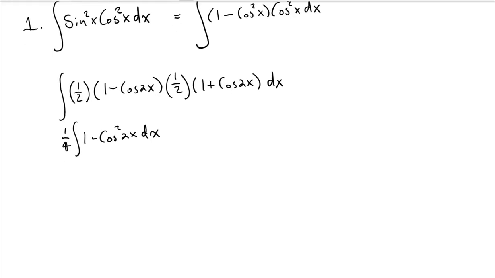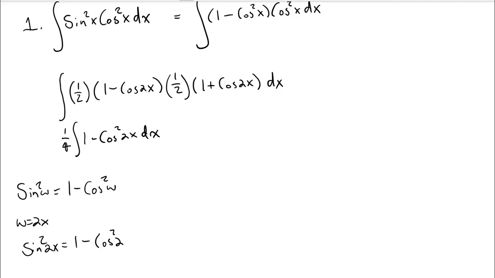Well, if we apply another trigonometric identity here, we know that sine squared of x is equal to 1 minus cosine squared of x. If we erase these x's and just put in w's, then if w equals 2x, we know that sine squared of 2x is equal to 1 minus cosine squared of 2x.